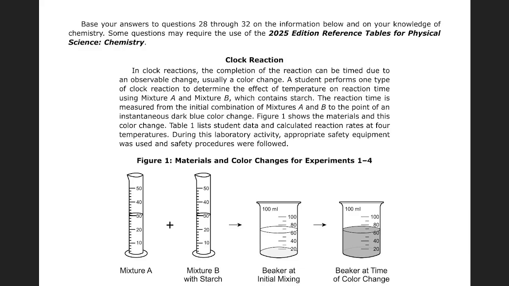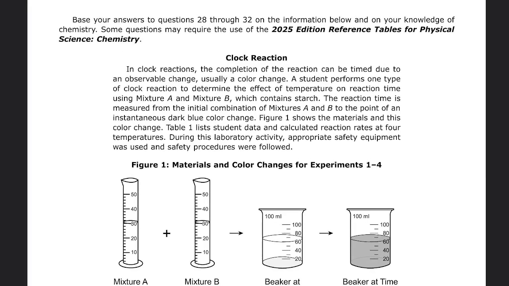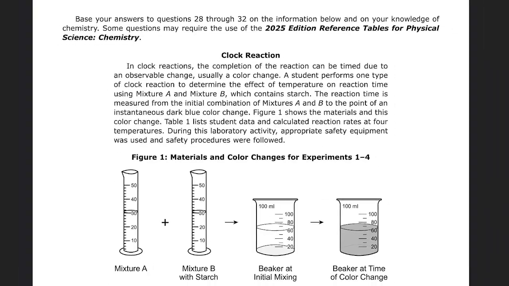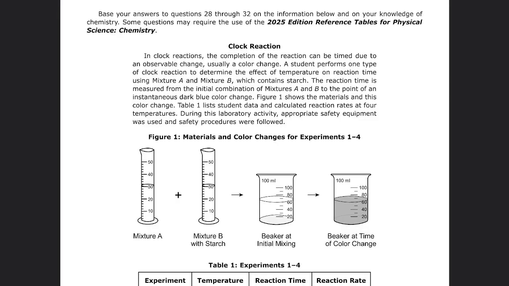The first step is going to be to thoroughly read the cluster for understanding. So in clock reactions, the completion of the reaction can be timed due to an observable change, usually a color change. A student performs one type of clock reaction to determine the effect of temperature on reaction time using mixture A and mixture B, which contains starch.